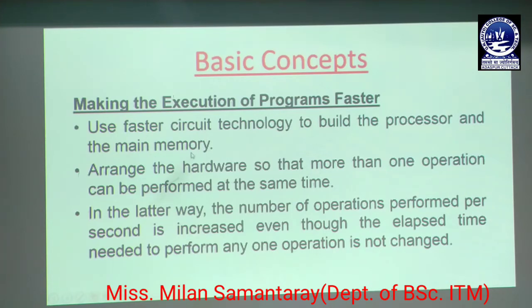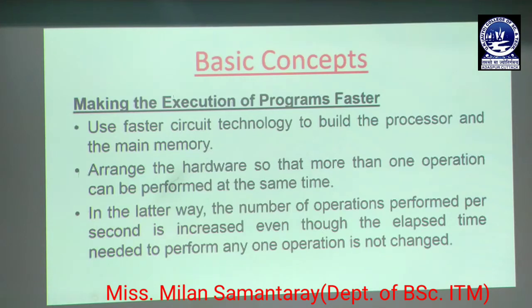That means there must be a circuit which executes the programs by establishing the connection between the processor and the main memory, because we have to fetch, or you can say read or write, any type of data either from the main memory or to the main memory. Okay, and that is done by the processor, because every instruction is executed by using the processor.